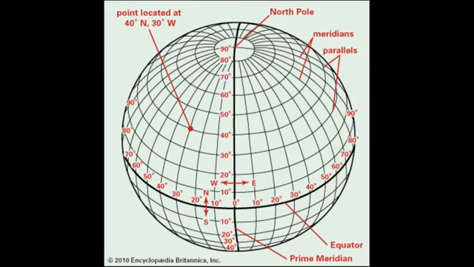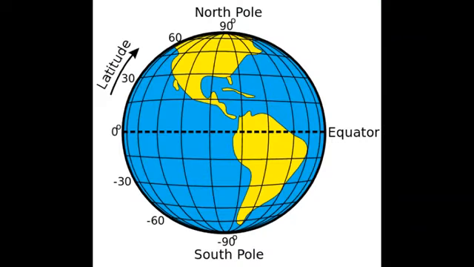Suppose that the number of the equator line is equal to 0, and when you move towards the north pole the number increases, and suppose that it's 30 degrees, 60 degrees and 90 degrees. In the southern hemisphere numbers are negative: minus 30 degrees, minus 60 degrees and minus 90 degrees.